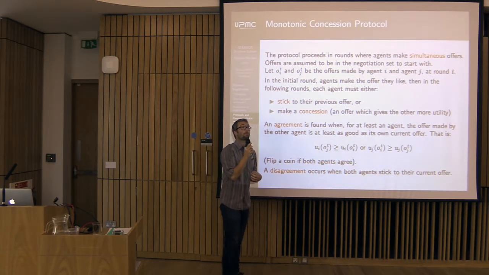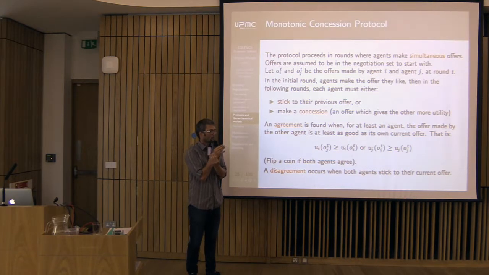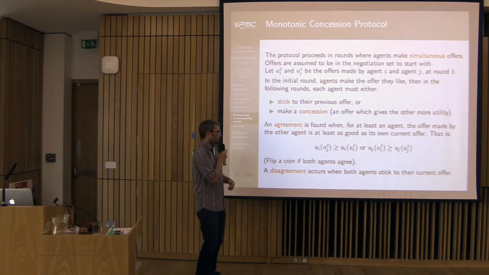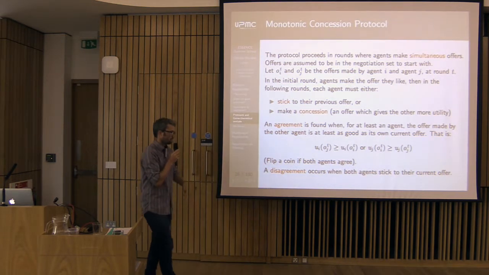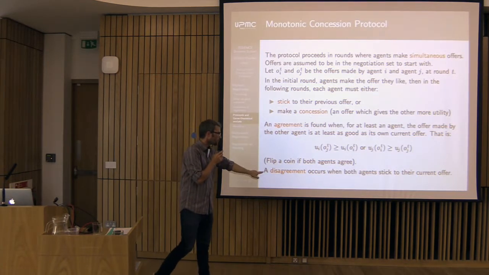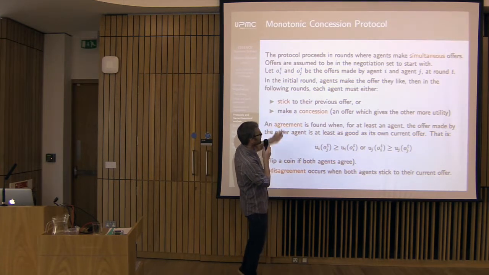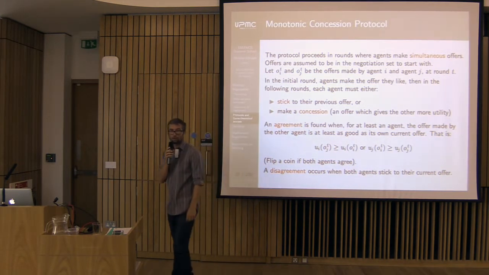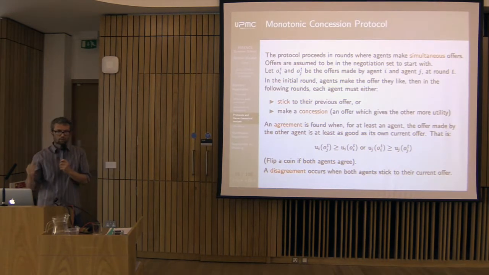It can be that both conditions are satisfied, meaning that in that case they both made a concession which is satisfactory for the other one, and in that case you would typically flip a coin. Then you have a disagreement if both agents stick to their previous offer. If they both decide to stick to the previous offer, then you have disagreement.